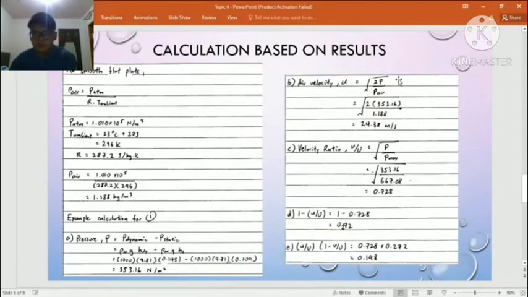So from here we will get the answer of 0.728. Next, 1 minus velocity ratio, we will get 0.272. And lastly, the velocity ratio times 1 minus velocity ratio will get 0.198.